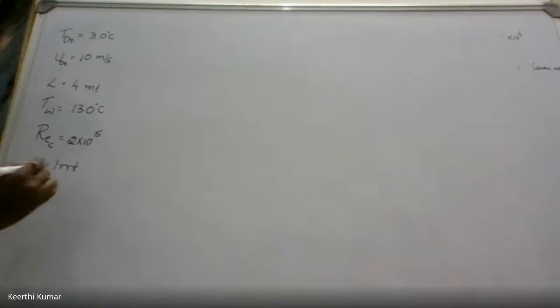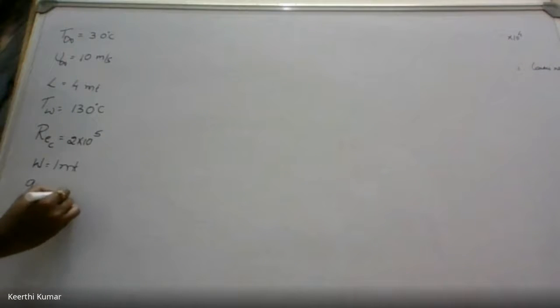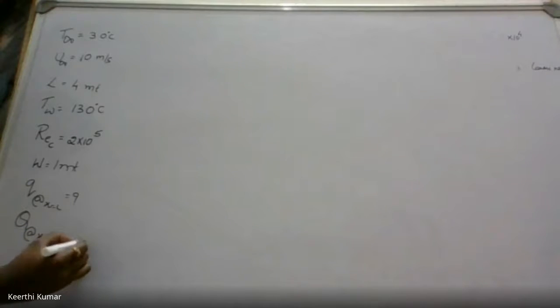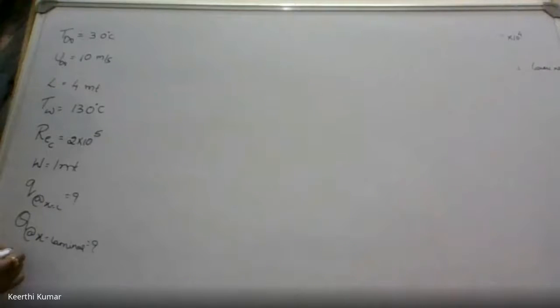Find what he is asking you to find. Find the value of small q, the heat flux at x equal to L. That means the trailing edge, which is x equal to L. Then he is asking you to find capital Q only for the laminar portion, and then Q total at the turbulent region.